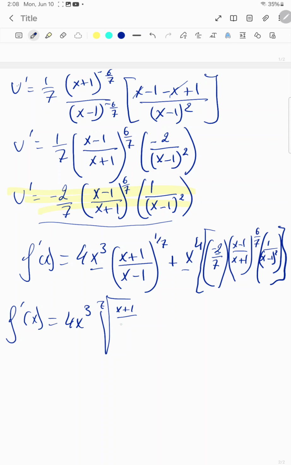x plus 1, x minus 1, this is 7 here, plus or minus, because I have this plus here times this minus that is here, it's minus 2 over 7 x to the power of 4.